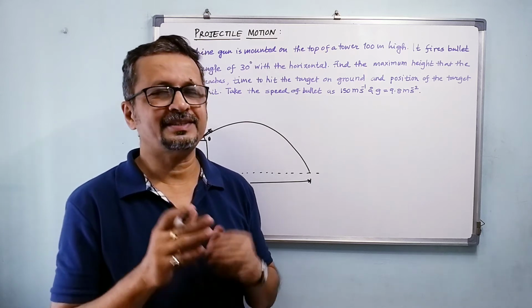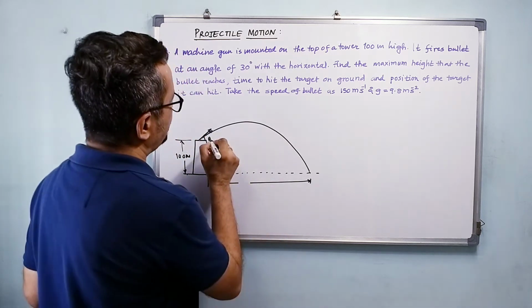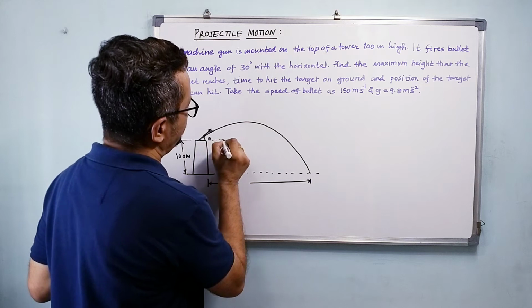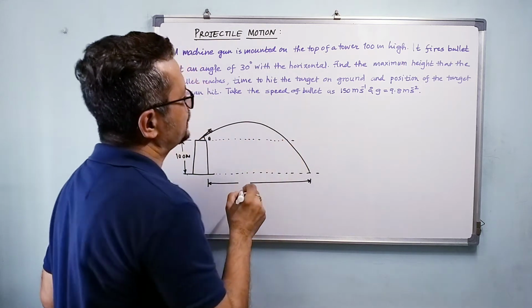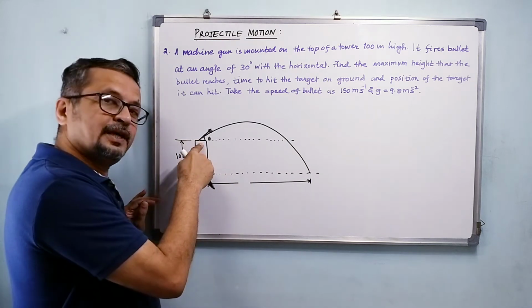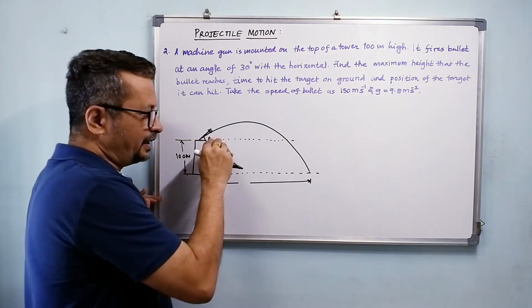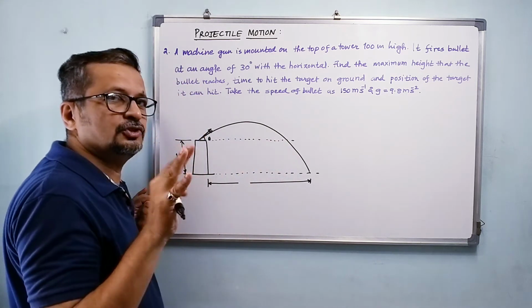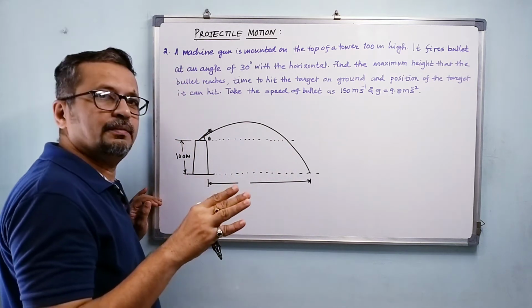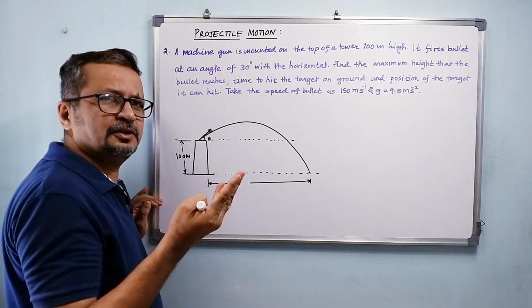Correct. So there is something different here. Now if you extend this line here, what is this point? So if I treat this as my ground, then this is my ground level, which actually is not. But then there are ways of solving the problem.